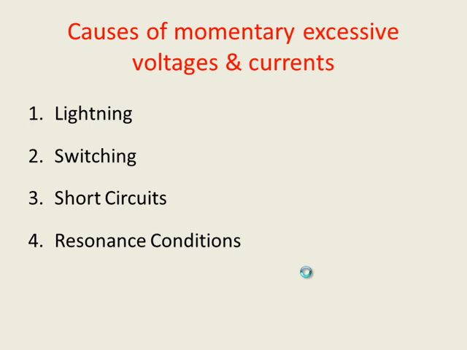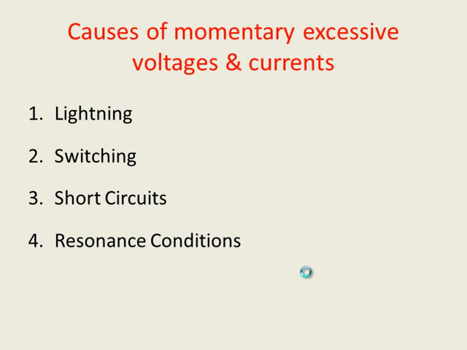And then obviously there is a rise in current in case of short circuits. And the fourth one is resonance conditions, as you may have studied in your basic electrical engineering, where there is a maximum value of current during that period, because in the denominator it is not Z, it is only R in the resonance condition.